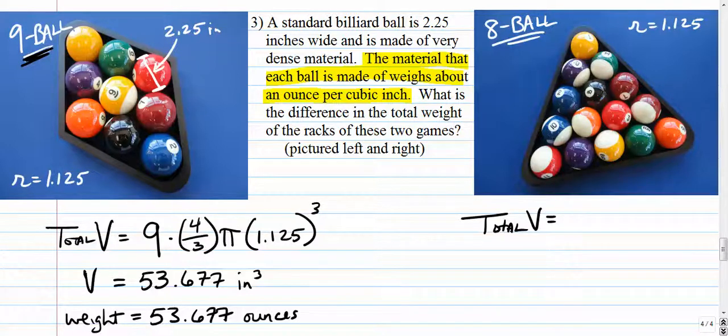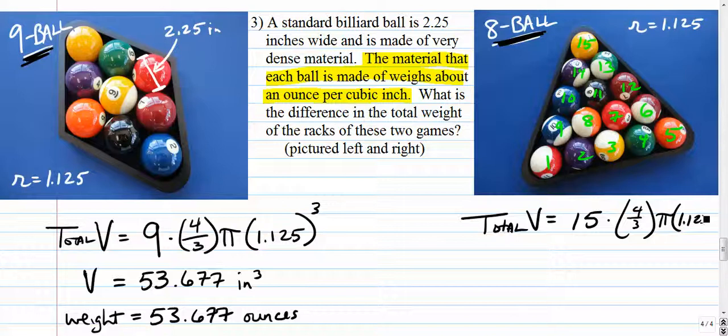Over here, total volume for this rack of billiard balls, how many are there? Let's count these up. We got 1, 2, 3, 4, 5, 6, 7, 8, 9, 10, 11, 12, 13, 14, and 15. So there are 15 billiard balls in a rack of the game called 8-ball, and it's 4/3 times pi times 1.125 cubed.